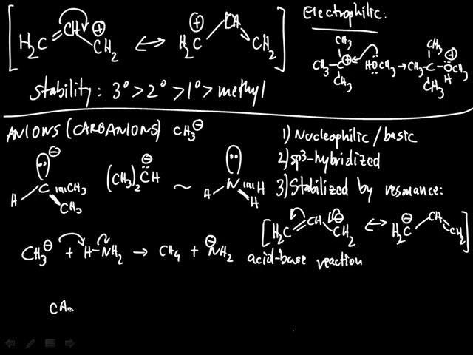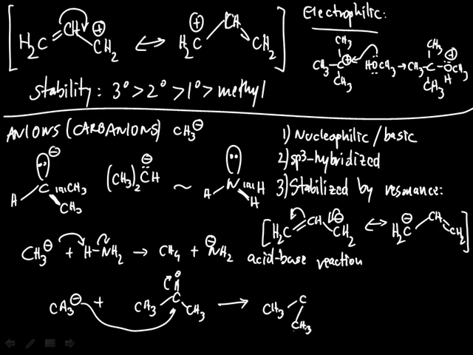Alternatively, we can also look at their nucleophilic properties, such as in this reaction of methyl anion and acetone, which gets us here and gives this alkoxide. So we'll stop today's lecture here, and next time we'll go back to structure and talk about stereochemistry in a bit more detail.